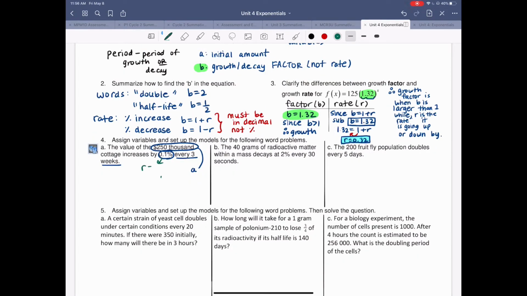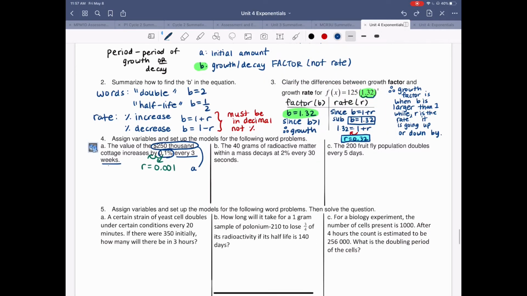So I'm going to write rate is equal to, but instead of writing 0.01, I need to make sure I'm writing it in terms of decimals. So I'm going to use those arrows to bring it left 2 times. And so my rate is going to be 0.001. Meanwhile, it says every 3 weeks, that's how often it's going to be increased. That means that is the P. P is equal to 3, and we're talking about everything in weeks.